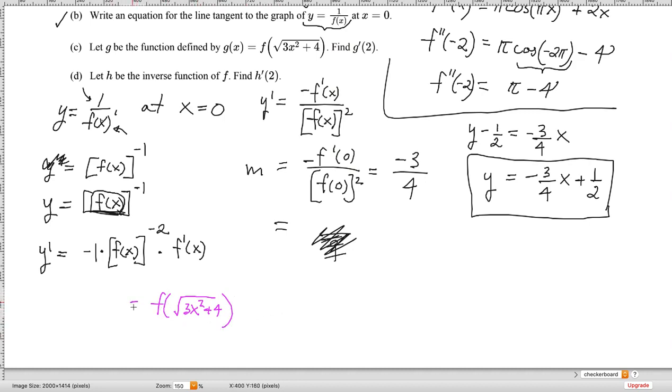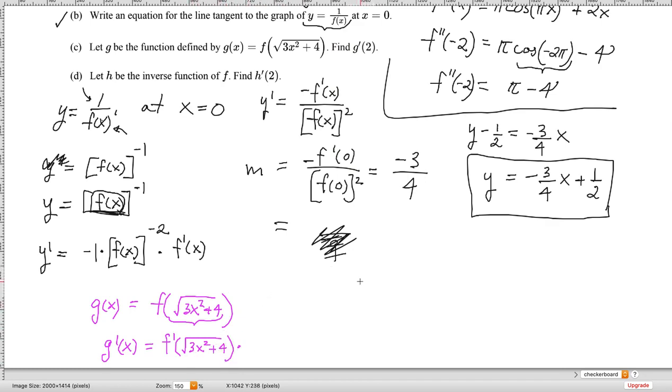So what you do here is you differentiate, and you need to use chain rule in order to get the derivative of this. The inner function in this case is this whole thing, right? That's u. And chain rule says that it's the derivative of the outer function times the derivative of that inner function.